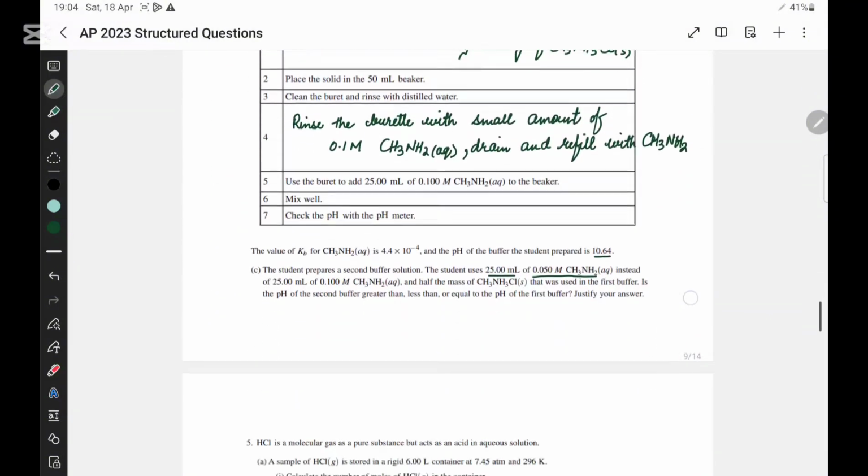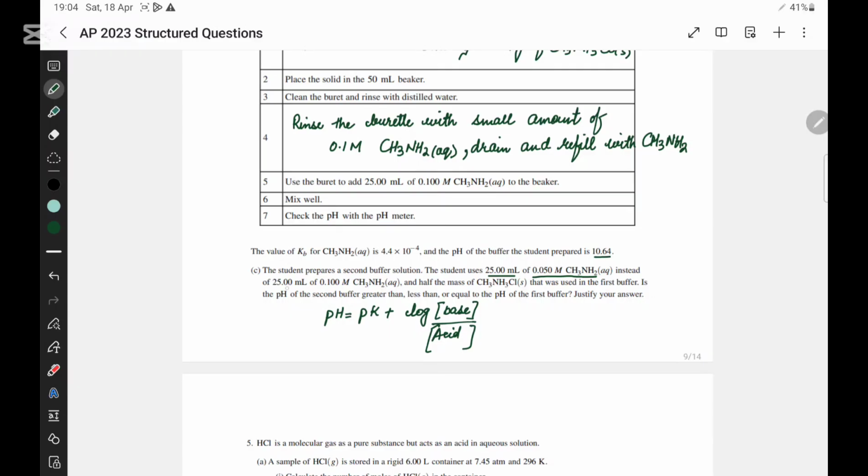And in the same way, when you are trying to find pH, the formula is going to be equal to pKa plus log of base, or you can say salt over acid. And you can see here what they are saying: the number of moles are halved.